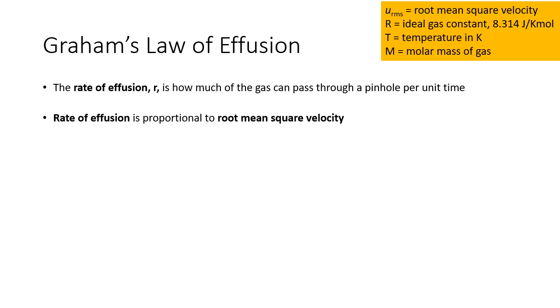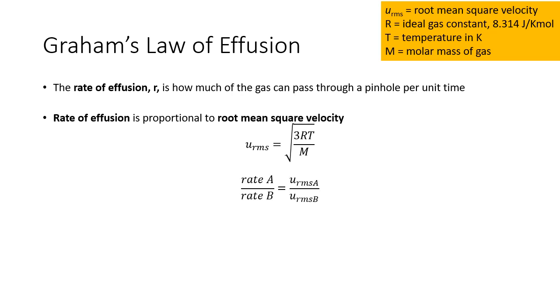In other words, the faster the gas is moving, the faster it will effuse, which seems pretty self-evident, but we never believe things as scientists until we have data to back it up. So Graham took the relationship between the root mean square velocity, and because the rate of effusion was proportional to the root mean square velocity, he could take a ratio between the rate of two different gases to describe the relationship between those gases.